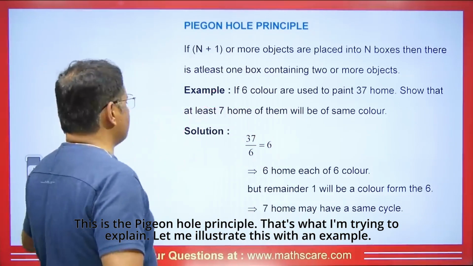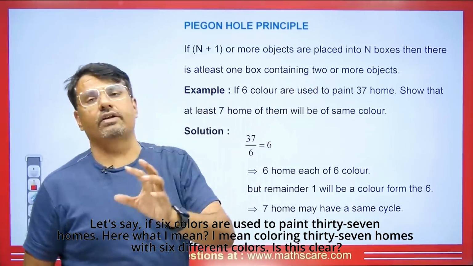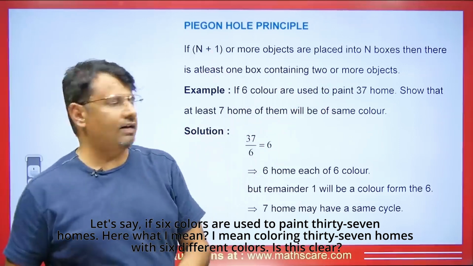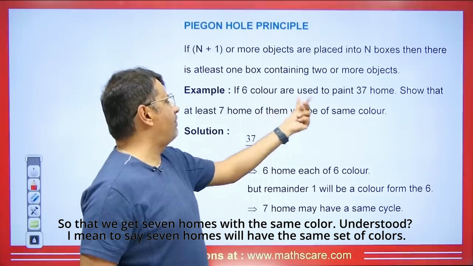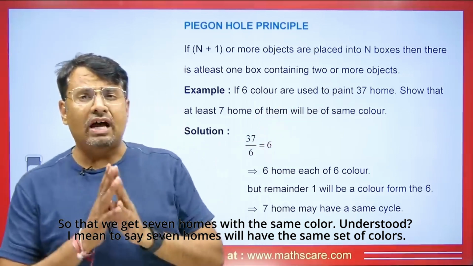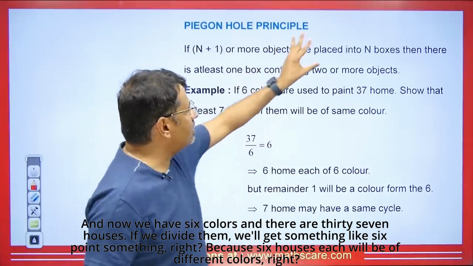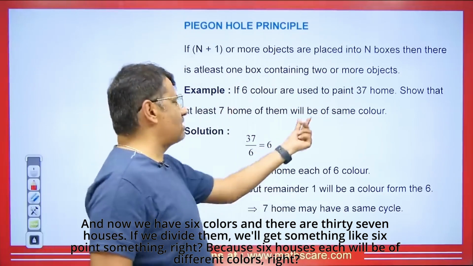Let me illustrate this with an example. Let's say 6 colors are used to paint 37 homes. Is this clear? Then we get 7 homes with the same color. If we divide 37 by 6, we get 6 point something, right?